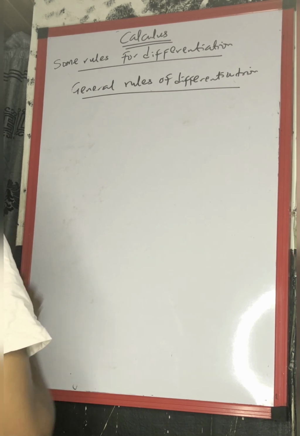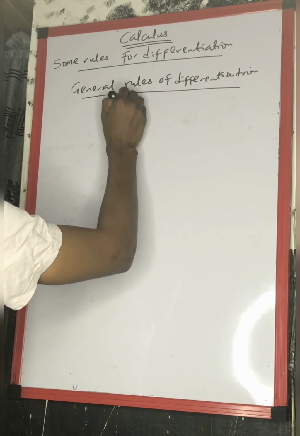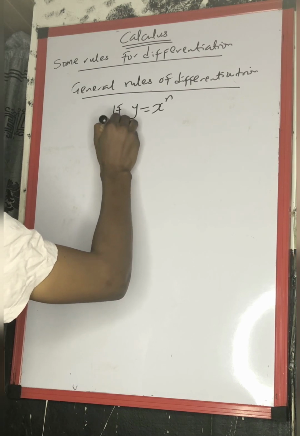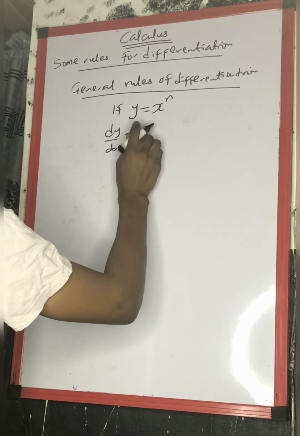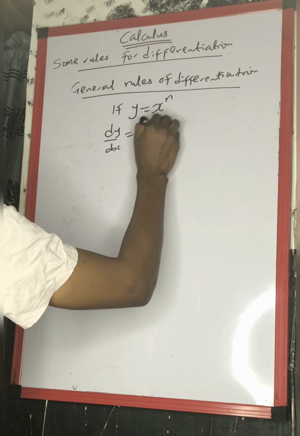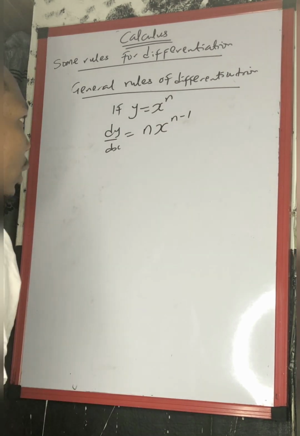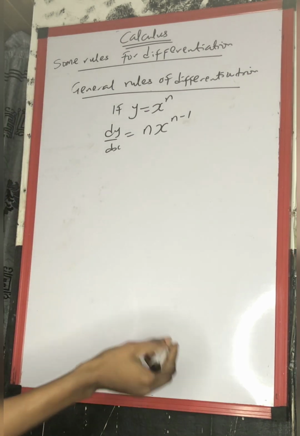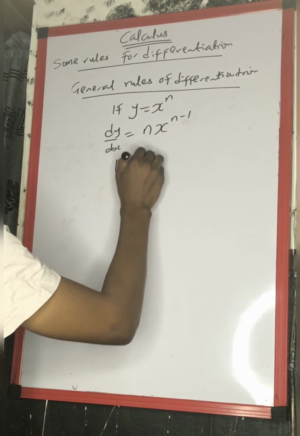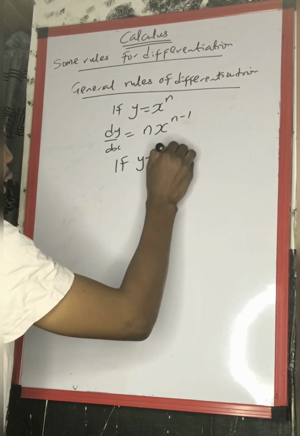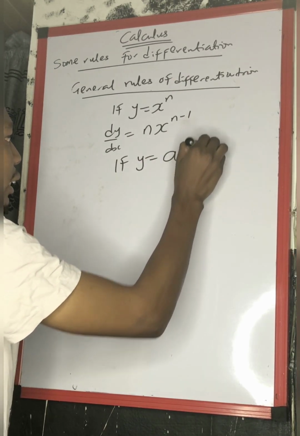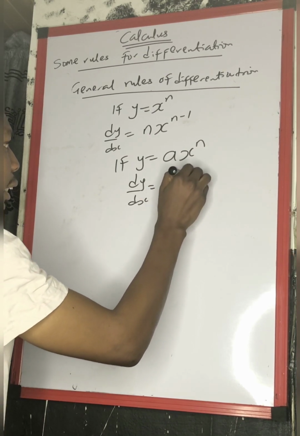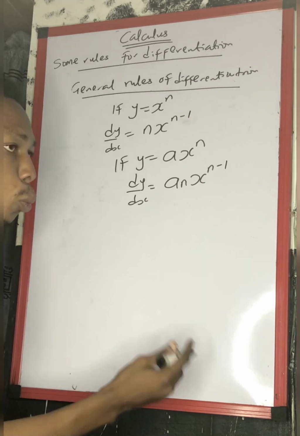But first of all, if our y equals x raised to power n, our dy dx is equal to nx^(n-1). That is the general rule for differentiation. Or if y equals ax^n, it is the same thing as dy dx equals anx^(n-1).